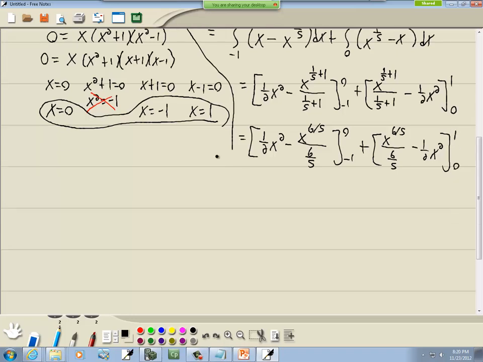Remember, if you have a single fraction downstairs, you flip it and multiply times your top part. So we're going to have 1/2 x squared minus 5/6 x to the 6/5. And same here, we'll have 5/6 x to the 6/5 minus 1/2 x squared.